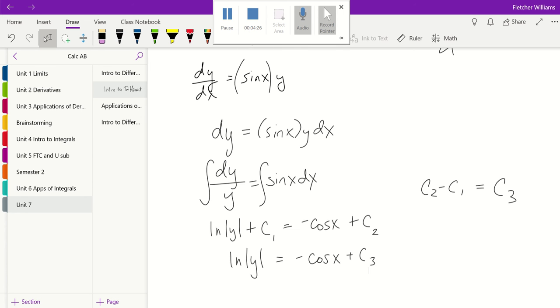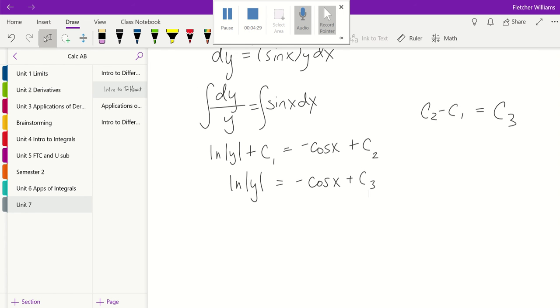And then how do I get rid of my natural log? Exponentiate both sides, base e. So you get absolute value of y equals e to the minus cosine x plus C3, all of that in the exponent. And by exponent properties, e to the negative cosine x plus C3 could also be written as e to the negative cosine x times e to the C3.